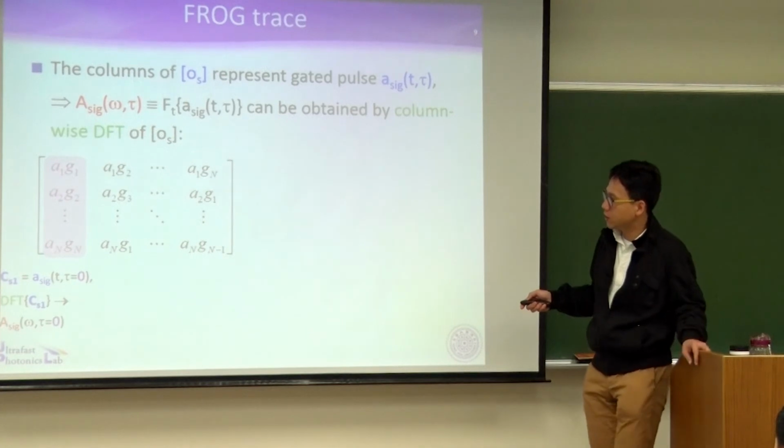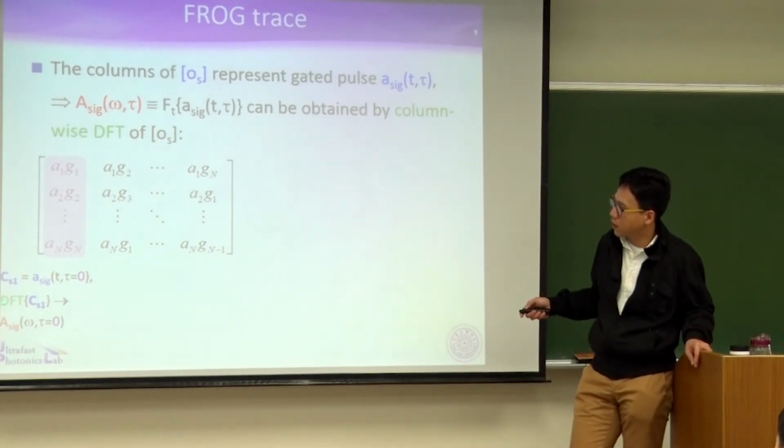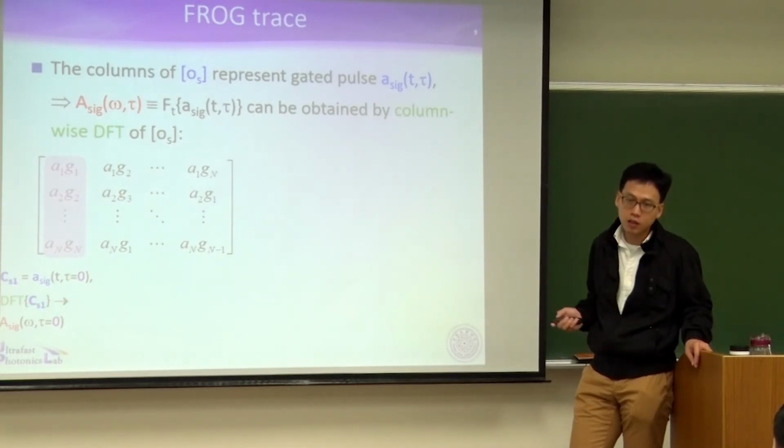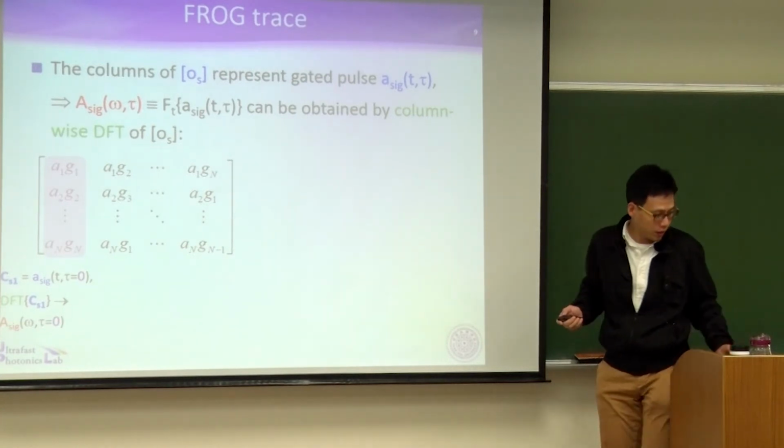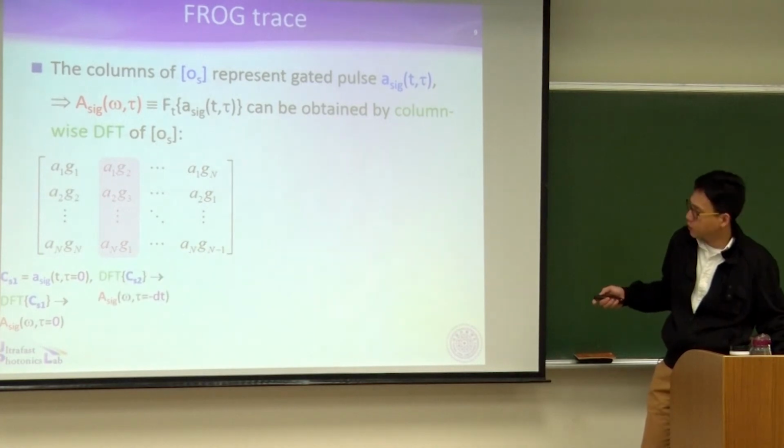So mathematically, just performing DFT for C sub S1, the first column of the O sub S matrix, you get big A sub sig when tau equals 0. And column by column, you get big A sub sig at different delays.